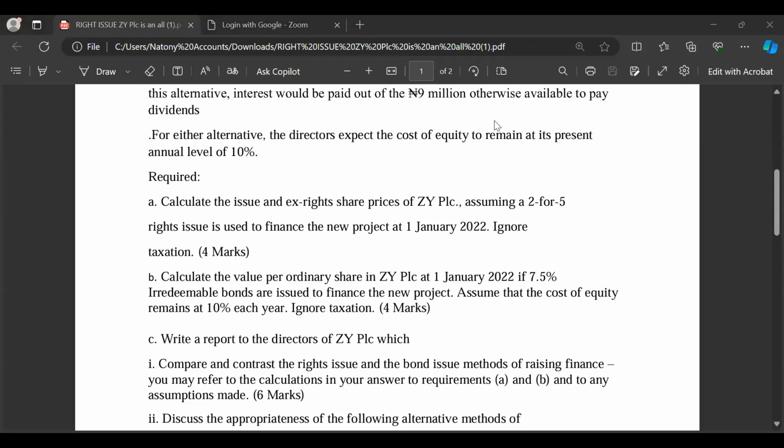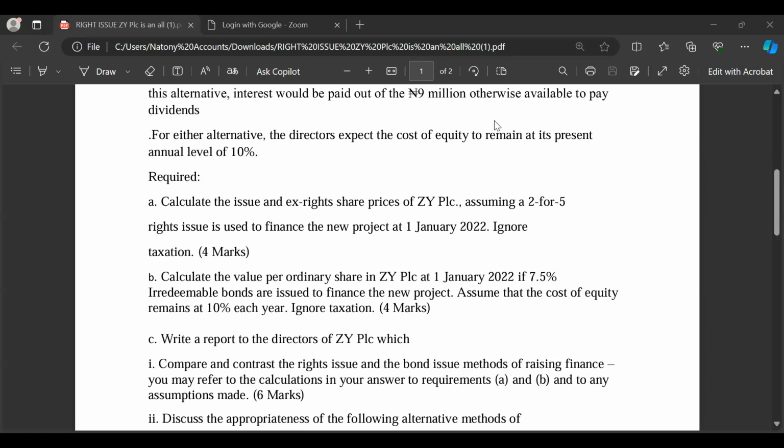The issue price here, we're not given the rights issue price, so you need to calculate the rights issue price first. Then the second, the ex-right price is the theoretical ex-right price, assuming a 2 for 5 rights issue.